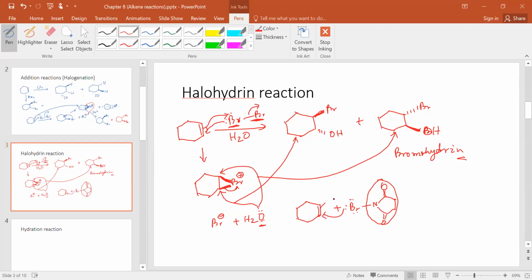So bromine will come here, this will go here, and this will leave. And again, after reaction with water, we get the enantiomers of this one. So the reagent NBS in water or bromine in water will give you the same product.